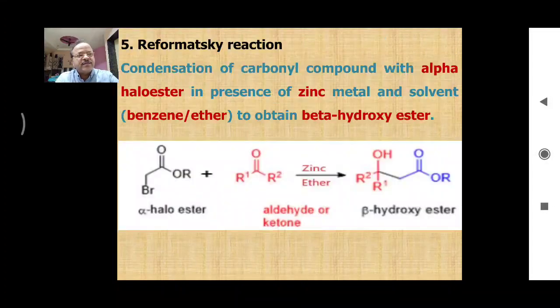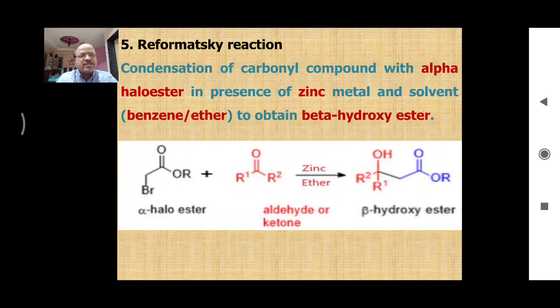Now let us see the last reaction of this topic, Reformatsky reaction. Now what is this Reformatsky reaction? See the statement of this reaction: condensation of carbonyl compound with alpha haloester in presence of zinc metal and benzene or ether as a solvent to obtain beta hydroxy ester.